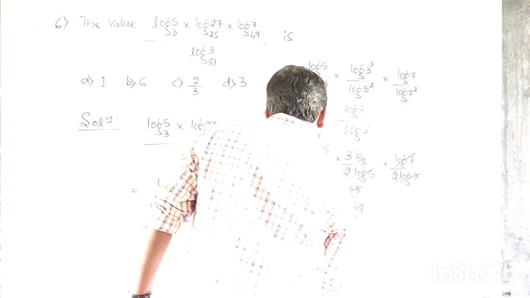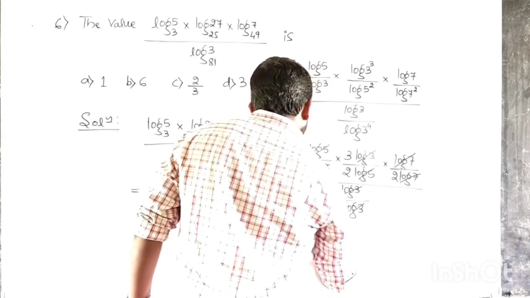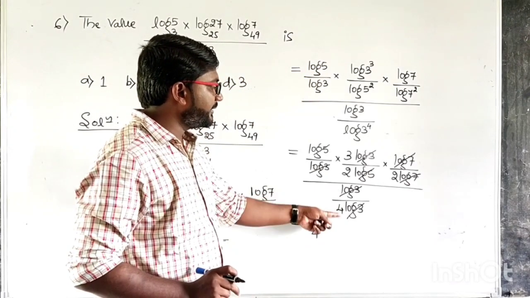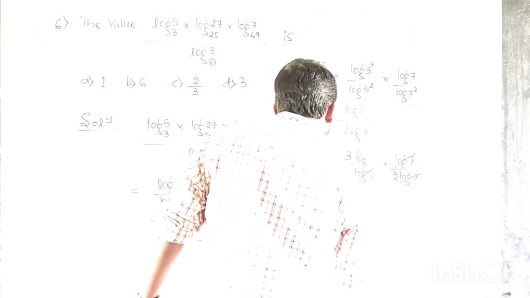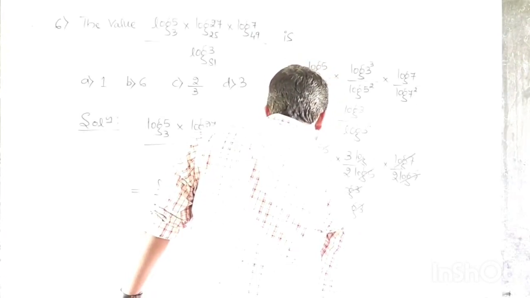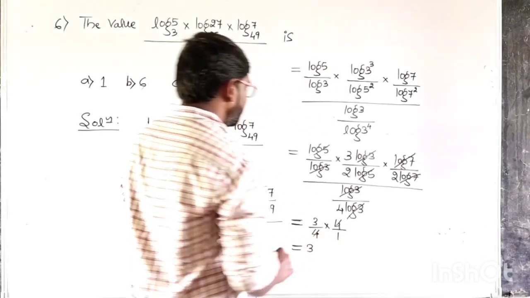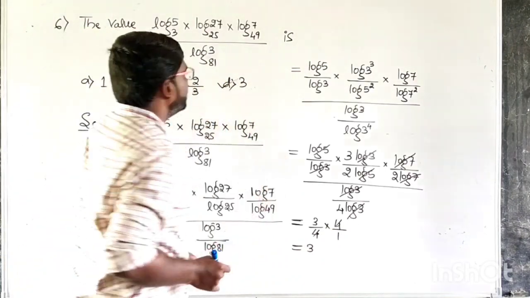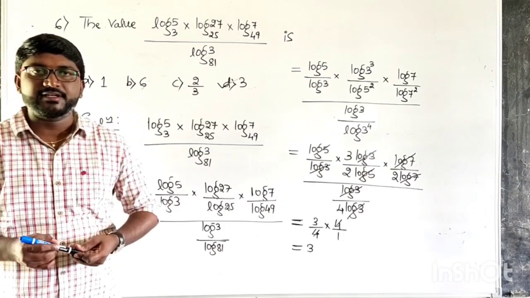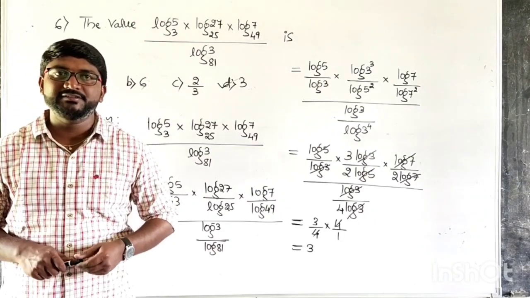Then here we have 1 divided by 4. So take the reciprocal, we get 4 by 1. 4 and 4 get cancelled. The answer is 3. So which is the right answer now? Option B is the correct answer. So this is all about the sixth multiple choice question.